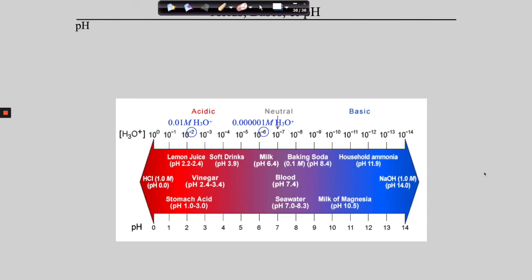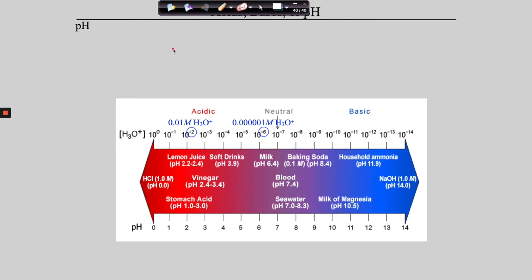Now you should see why the smaller numbers are stronger acids. Guys, these pHs are negative exponents for molarities, and as a result, the smaller the number, the fewer decimal places, and the stronger the acid by concentration.